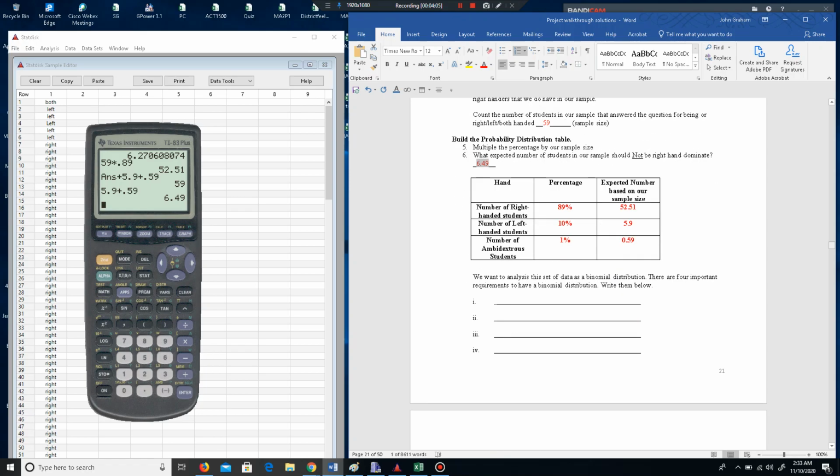Alright, so now we want to base this on the binomial distribution. The binomial distribution has a few important traits. One is a fixed number of trials. We have n equals 59, so we have that. Next, each trial is independent. Well, we have that. Each student is going to be independent.